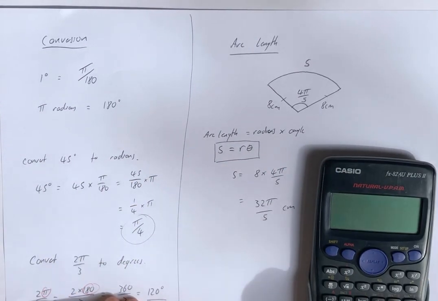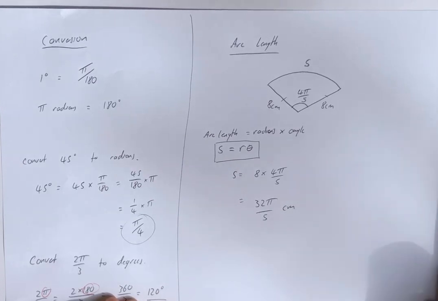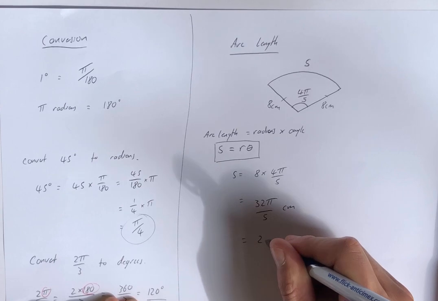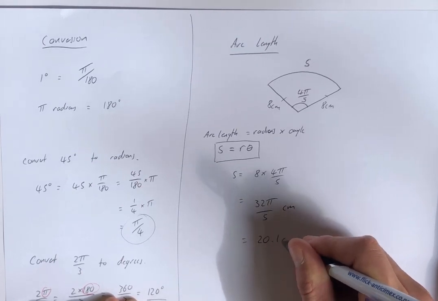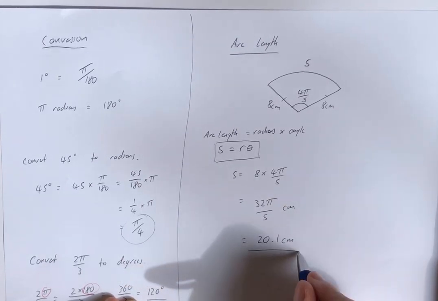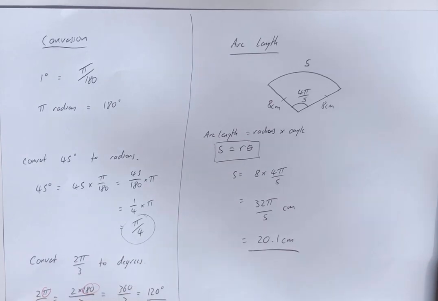If we just go on our calculator, you don't need to be in radian measure or anything because all we're doing is pi. That's 32 times pi divided by 5, 20.1 centimeters. So now we can find the arc length.